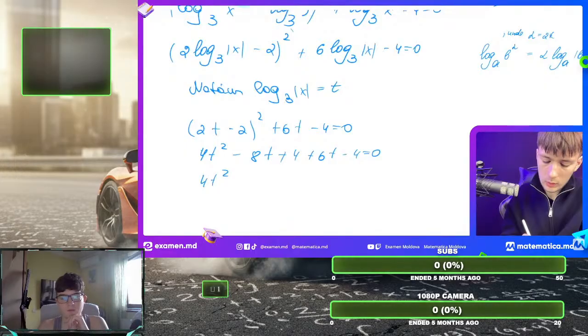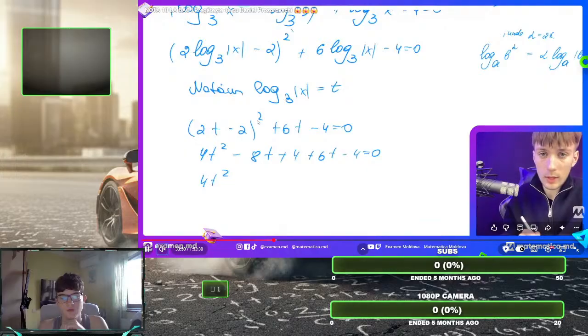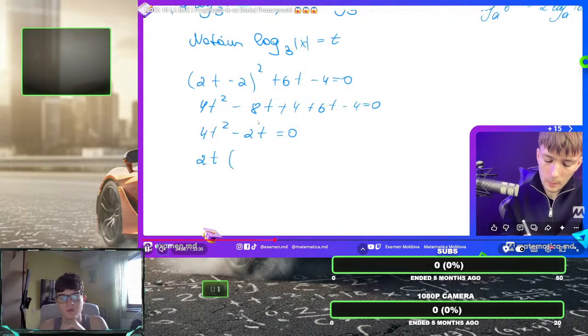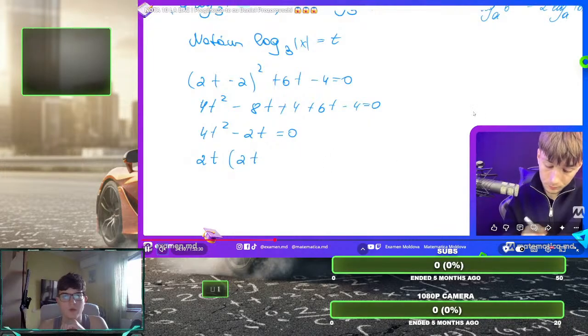We'll get minus 2t, and that's it. We don't have a third term, so we just pop the 2t, and we will have 2t minus 1. So 2t is equal to 0, or 2t minus 1 is equal to 0.